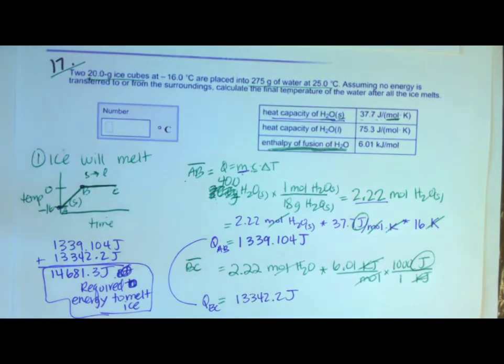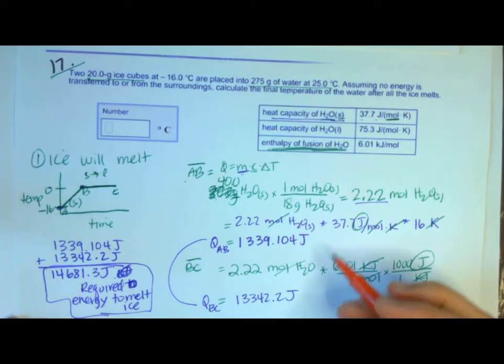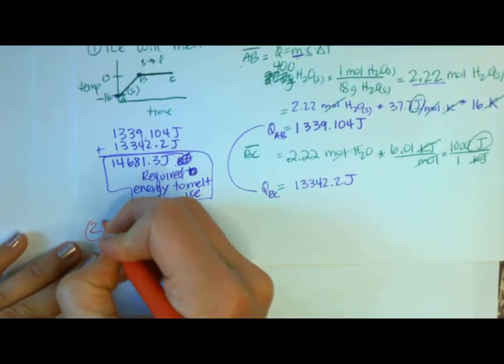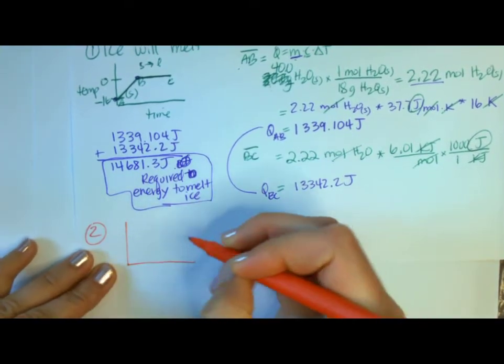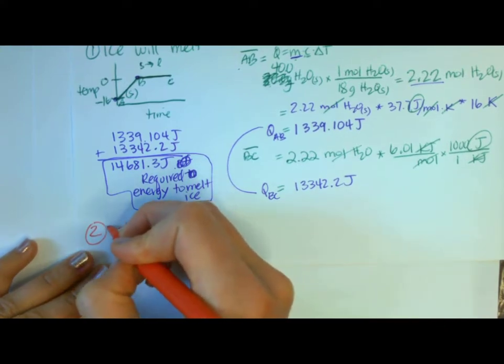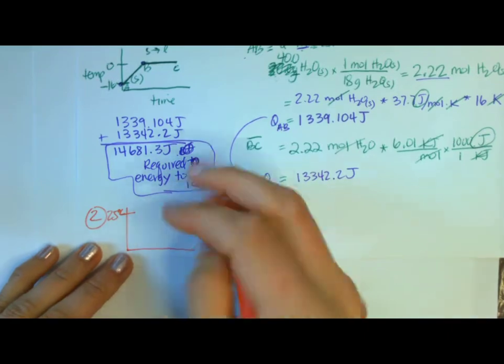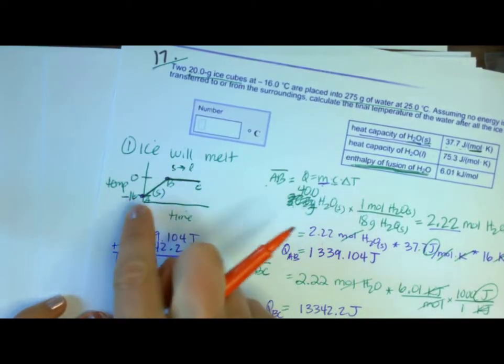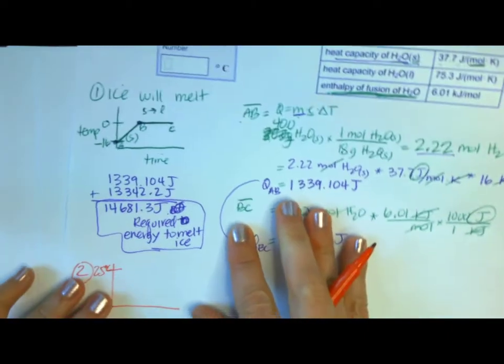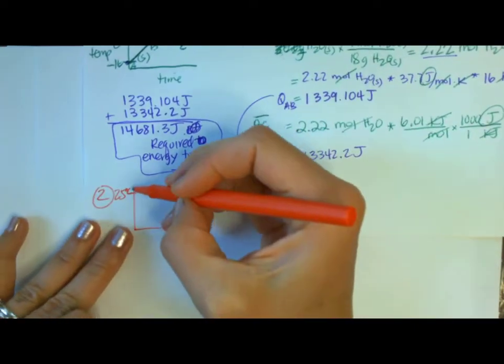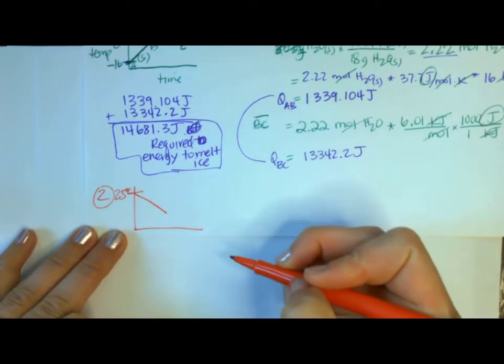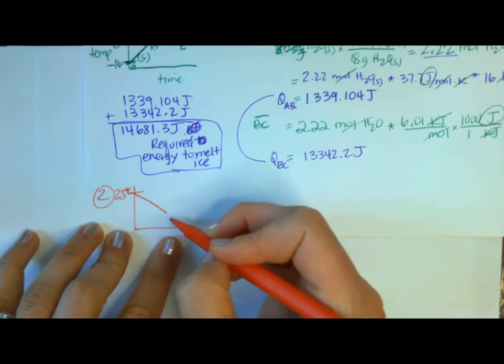So we're going to look at the other system, which is our water starting at 25 degrees Celsius. We have energy that's used to warm the ice. We also have the opposite energy that is cooling that water down. We don't know what that final temperature is.